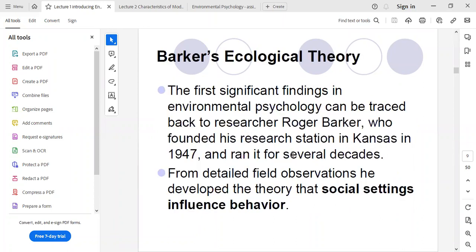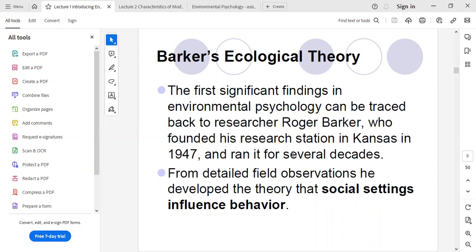One of the theories that has been adopted as well is Barker's ecological theory. It tries to look at the significant findings in environmental psychology. Roger Barker was a researcher in psychology who had a research station in Kansas, America, in 1947.